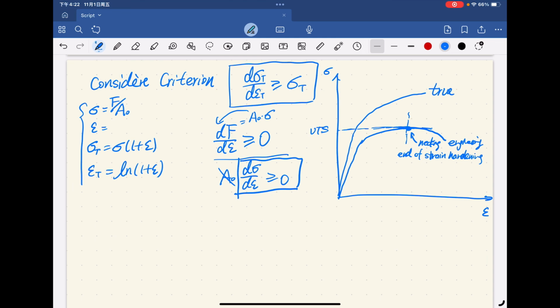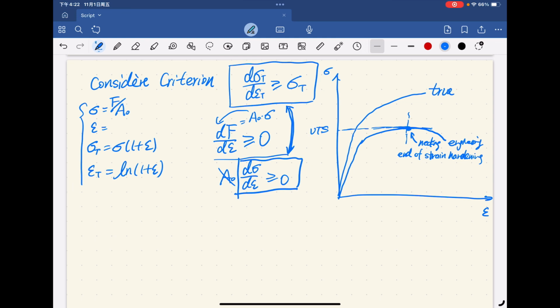This is quite straightforward, but in the true stress strain curve, what I want to prove in this video is that these two expressions are basically the same.